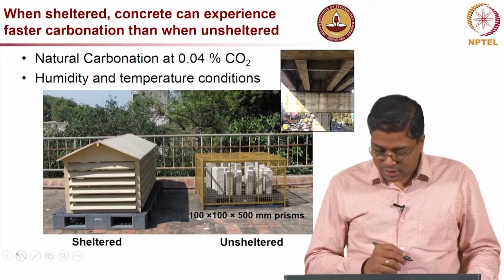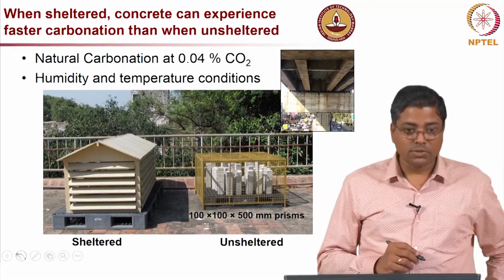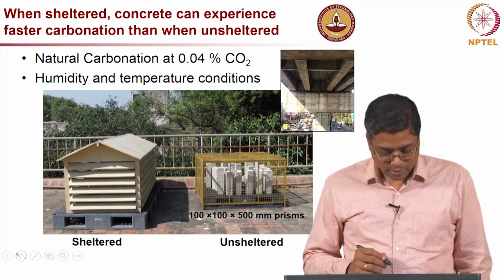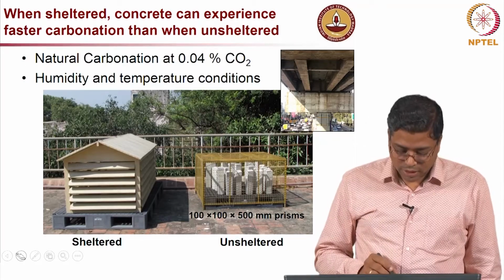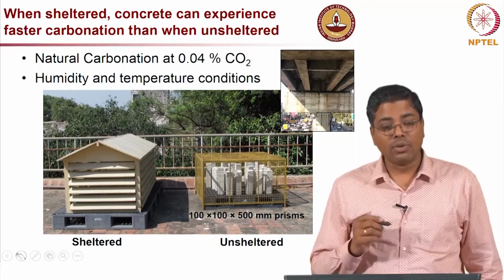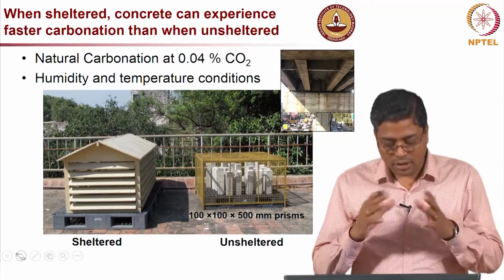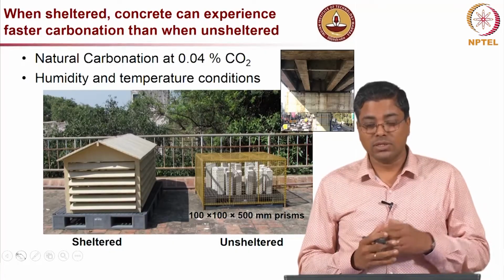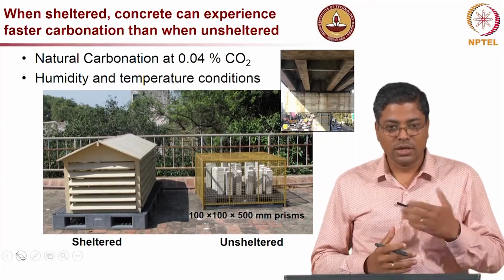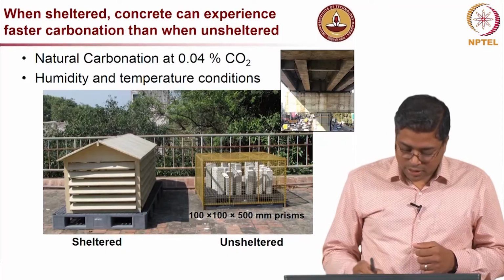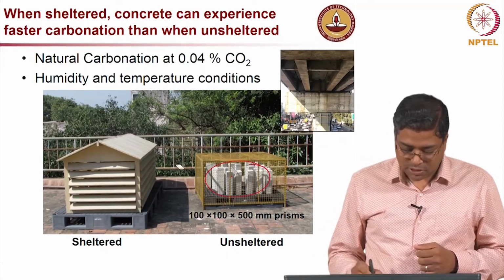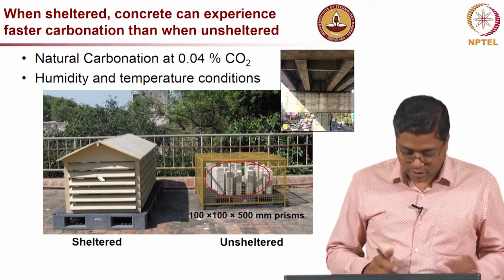Now, this is a photograph of some experiments which we are doing here. What we are doing here is looking at how the exposure condition influences the rate of carbonation in a particular concrete. We have similar specimens inside this shelter also.